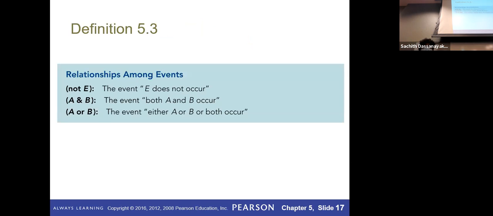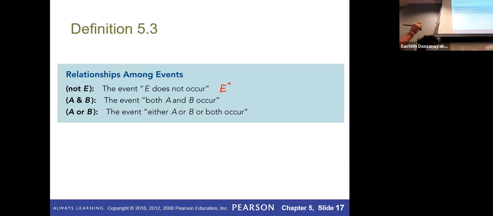Before we go through these Venn diagrams, you should know these things. Please remember these three. These are just words. Capital letters mean events, any events. Not E means E does not occur. Different books use different notation. Sometimes we write E with a C on top, and C means complement.